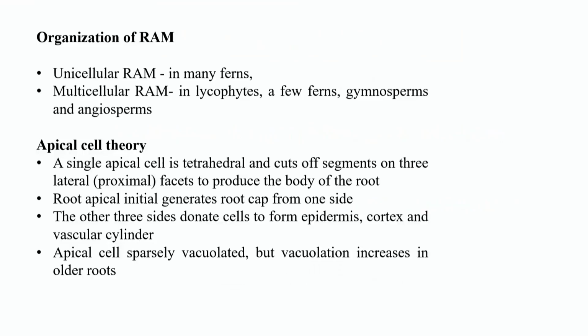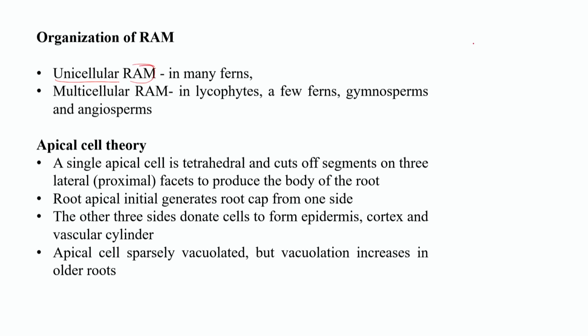as well as some new theories which are applicable only for root apical meristem. So, coming to the first theory: in root apical meristem also, scientists have studied many different plant types, and they came to the conclusion that there are basically two types of cells in root apical meristem. In one case there is a single apical cell, so the root apical meristem is unicellular.